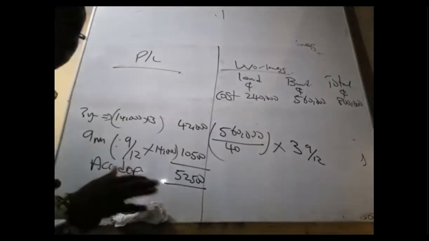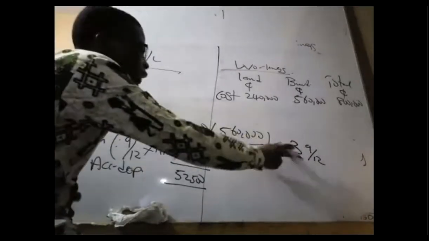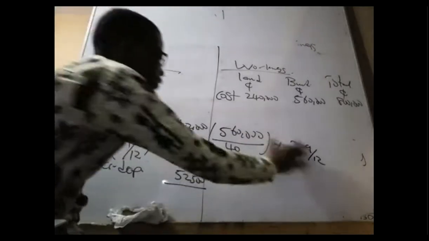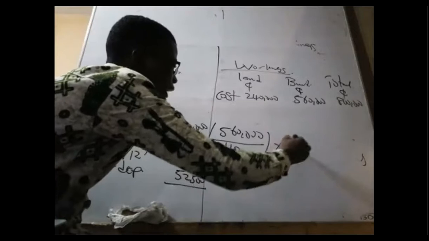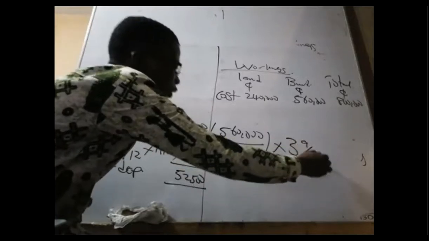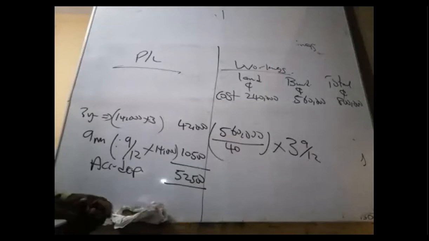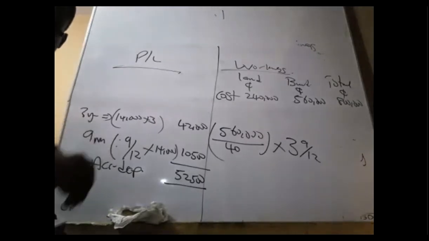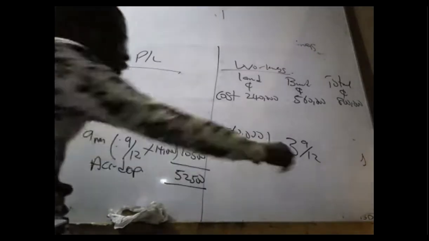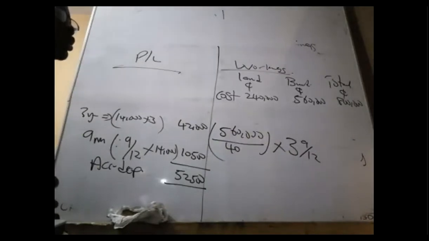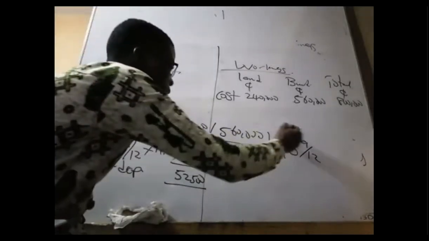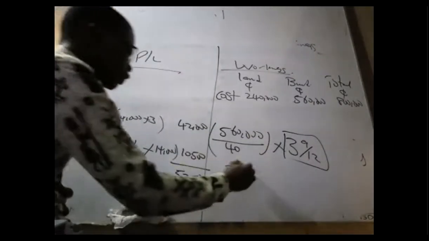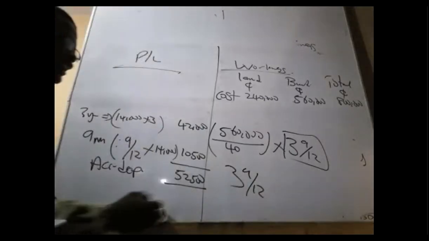But if you want trouble for yourself, do this: 3 whole number, 9 out of 12. If the calculator is not yours, the answer may be wrong. Don't punch it carelessly, because if you punch 3, then 9, then 12 on your calculator, it will give you different answers.